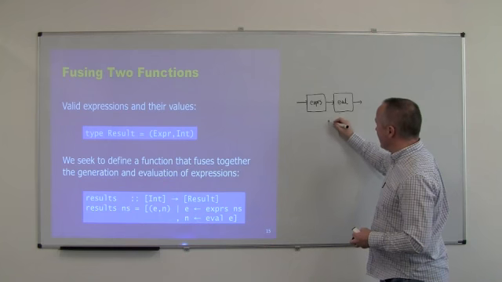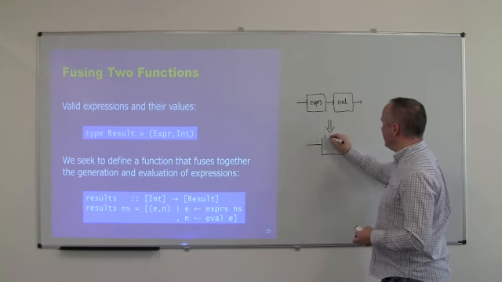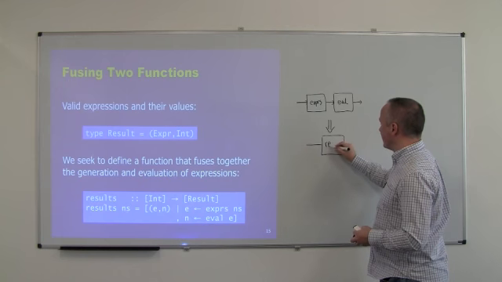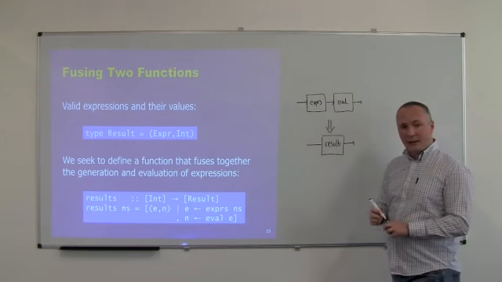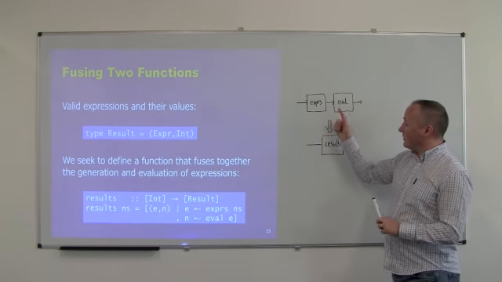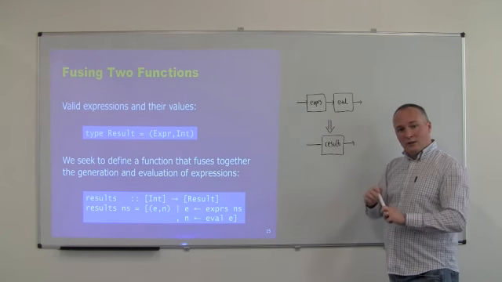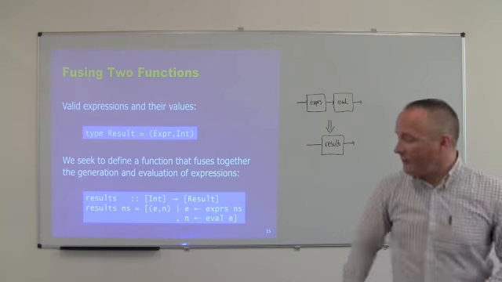So what we'd like to do is program fusion. We'd like to combine these two into one function, which I'm going to call results, which does both things at the same time. This is a classic example of program fusion: doing two things separately, then trying to combine them to achieve the same result in a more efficient manner.